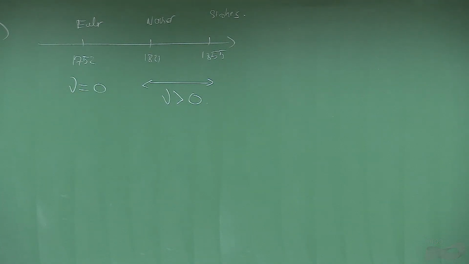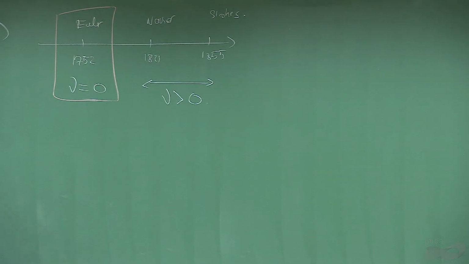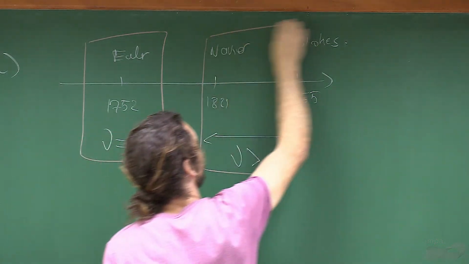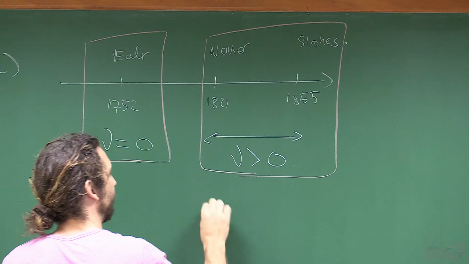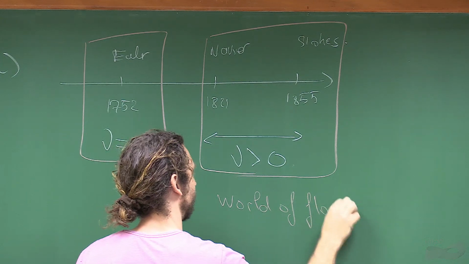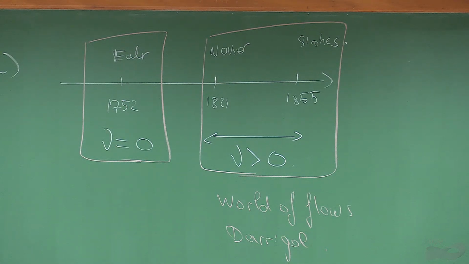So when nu equals 0, we talk about the Euler equation, and when nu is strictly greater than 0, we talk about the Navier-Stokes equation. And for history, I can only recommend a book which is World of Flows by Darrigol, for those interested in the history of fluid mechanics, even before Euler, including the story by Bernoulli. It stops in the 20th century, actually.